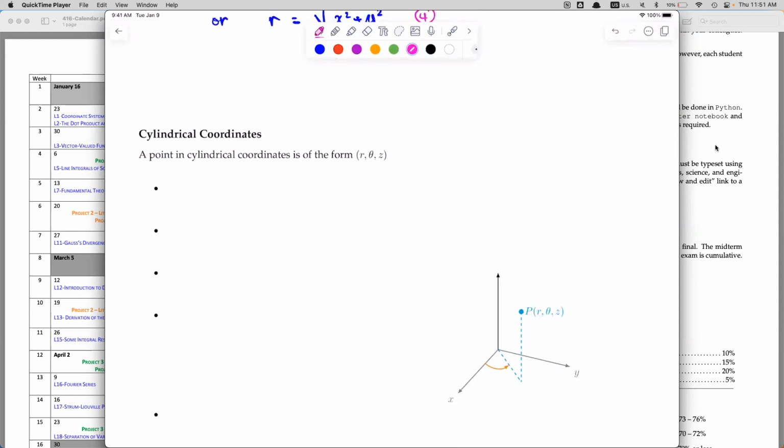The definition is going to be the same. That is, r is how far you want to go away from the origin. Theta is how much you want to rotate from the positive x direction. And z is how high you want to go up or down.